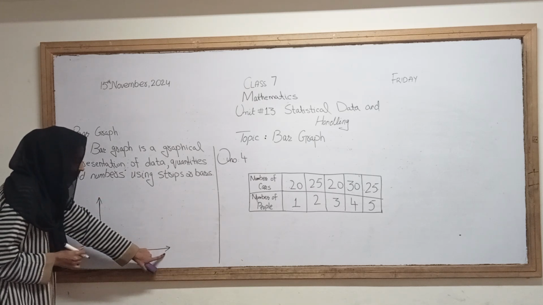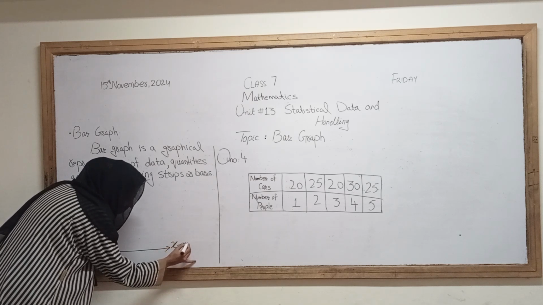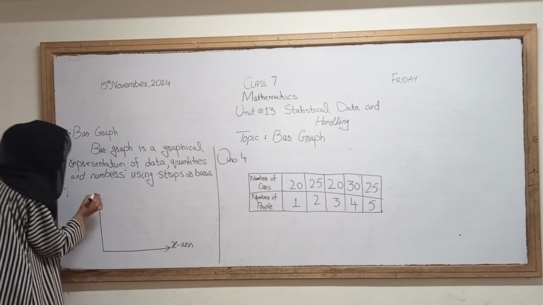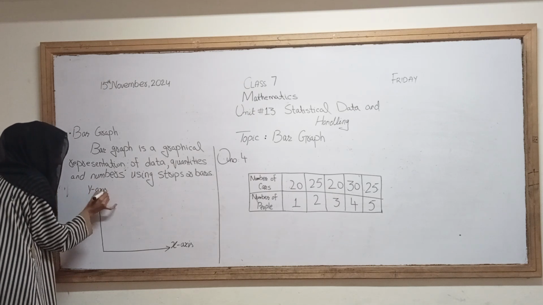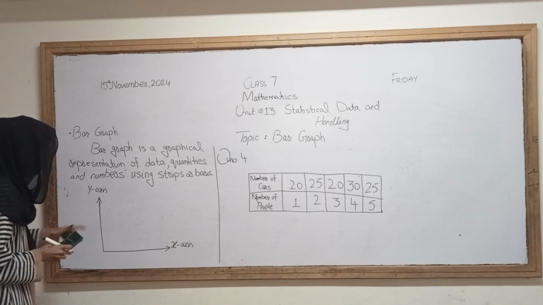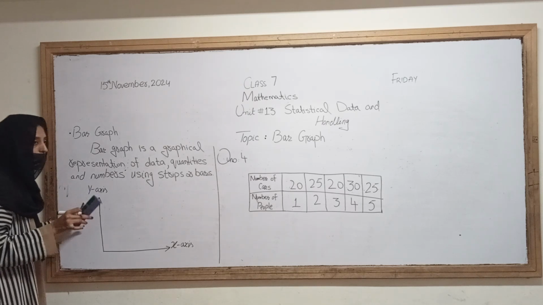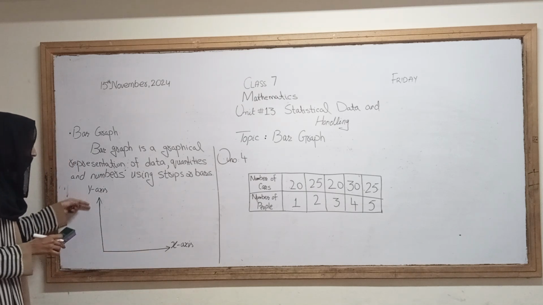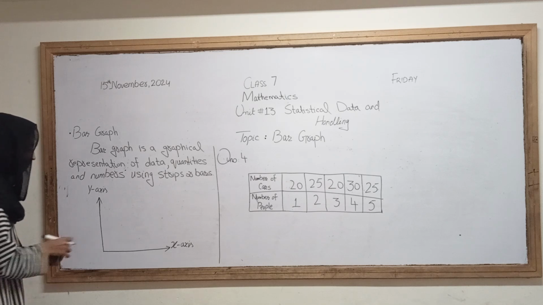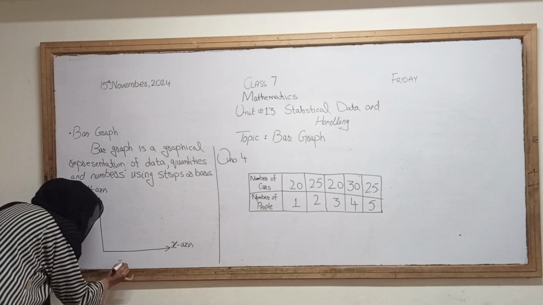The horizontal line is known as the x-axis and the vertical line is known as the y-axis. Now we will take the quantities which are independent on the horizontal side and which are dependent on the vertical side. Dependent quantities and independent quantities.